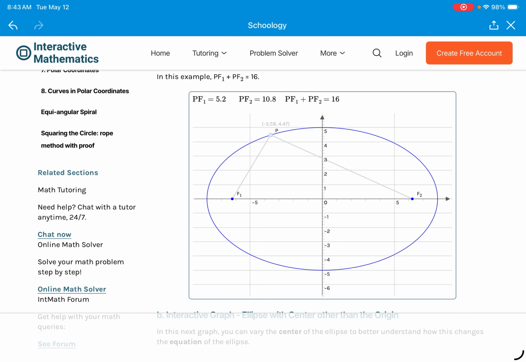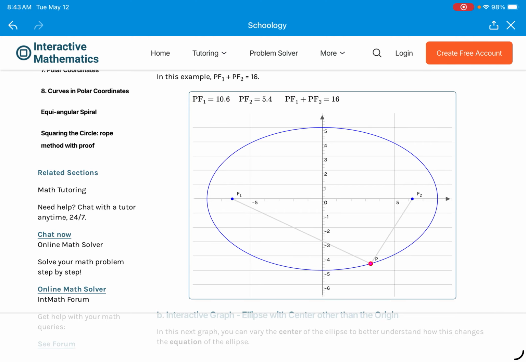You can see on this one that PF1 plus PF2 equals 16. No matter where I move around this ellipse, those two things in combination equal 16. That's what the definition of an ellipse means: when you get the sum of these two lines that go to the focus points, the foci, they add up to a constant, and in this case, that constant is 16.